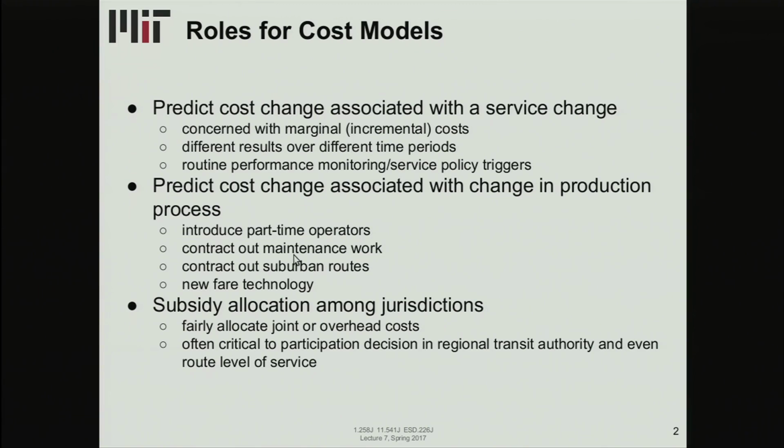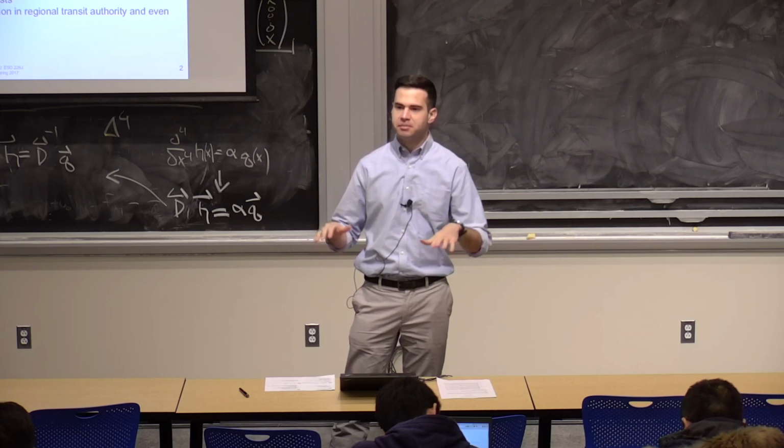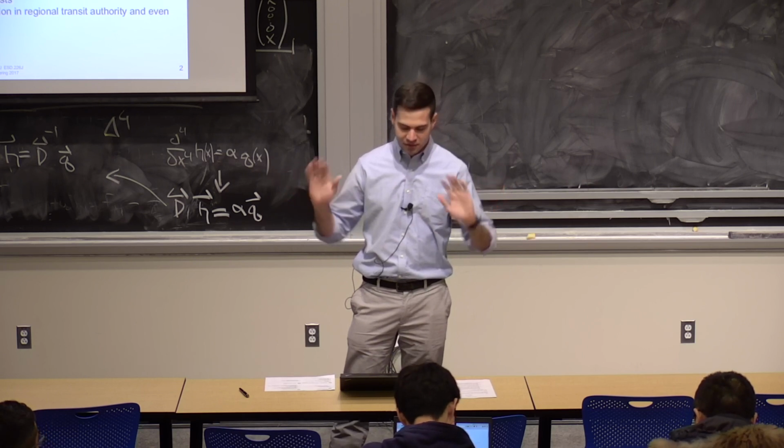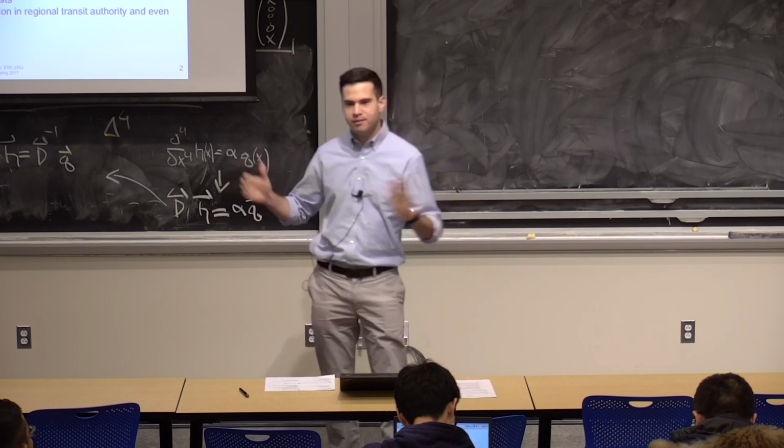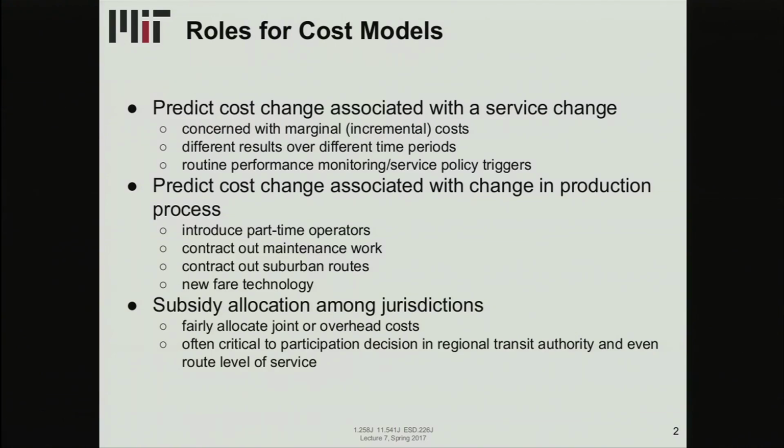I'm doing that in-house right now, and maybe for a portion or all of it, we are looking at public-private partnerships to contract out maintenance work. Or contracting out suburban bus routes that have low ridership and are on the outskirts. You don't want to drop service, but maybe you don't need big 40-foot buses, and you can run them with smaller buses. Could you contract those out? What will that do to cost?